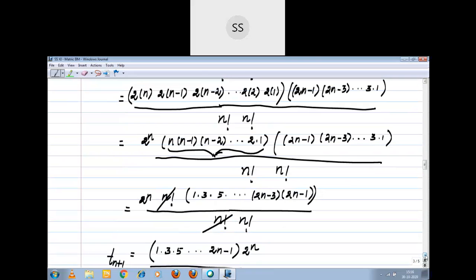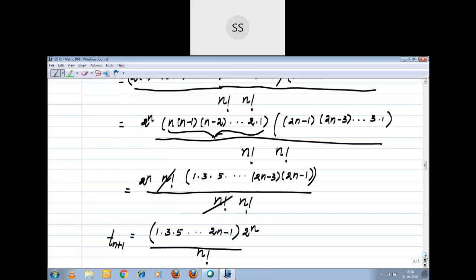Now, in the even term, I can take 2 as common in all the numbers. So 2 into n, 2 into n minus 1, 2 into n minus 2, etc., up to n terms. That can be written as 2 to the power n. Then inside the bracket n, n minus 1, n minus 2, etc., up to 2 into 1. The second bracket, the odd terms, won't be affected. Let it be as such.